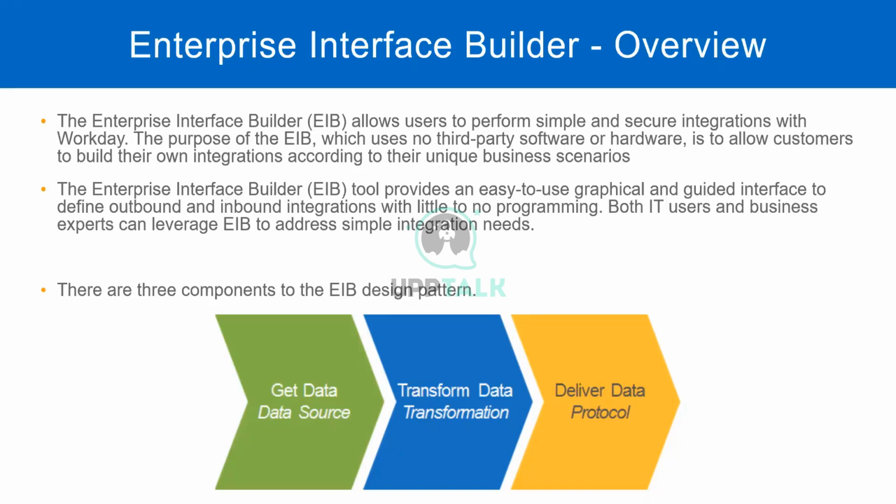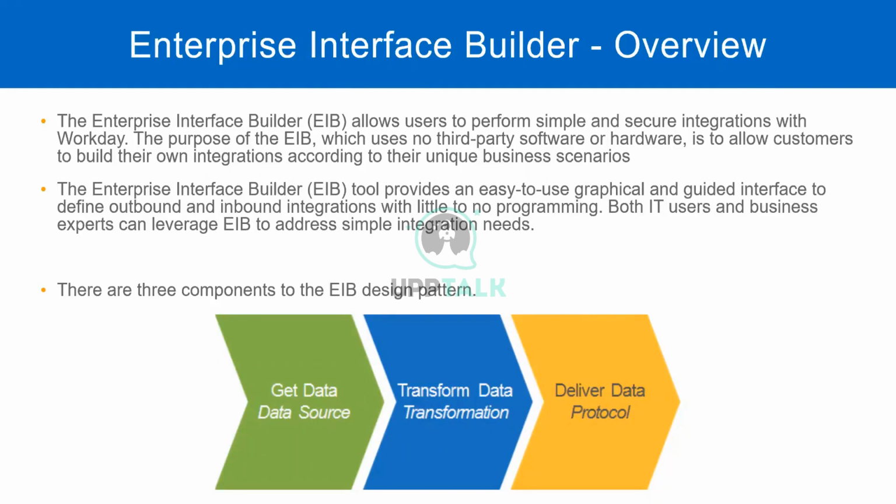So any integration will have 3 steps. First, we have to get the data from somewhere. Some of you said, we will Google the data. Absolutely. So you can get the data from somewhere.